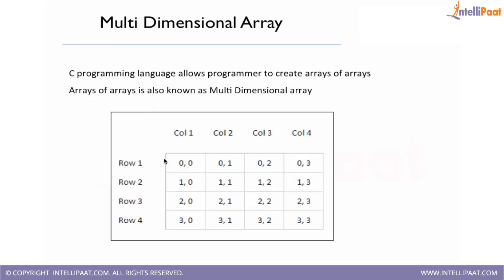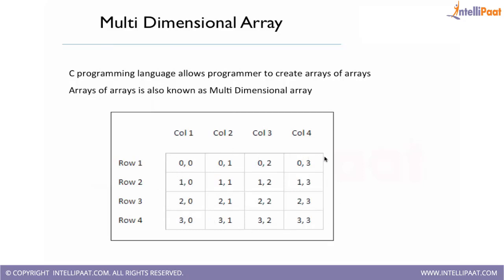If you see this picture, here we have 4 single dimensional arrays. This is one single dimensional array, this is one, this is one, and this is one. If we combine all those 4 single dimensional arrays, we will have a tabular kind of structure, which is nothing but a multi-dimensional array, or in precise terms a 2-dimensional array.